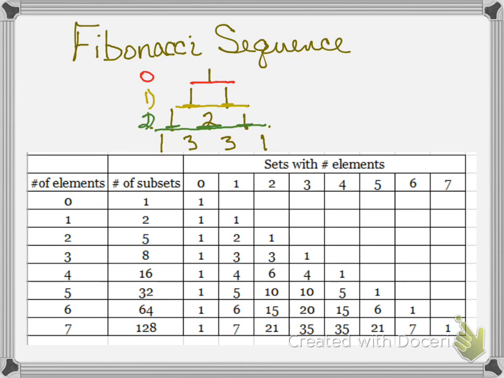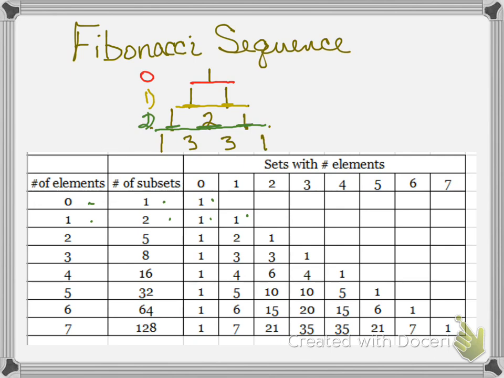So if you look at our table down here, we start to see that as we go up in our number of elements, our number of subsets starts to double each time. If I have 0 elements, I have 1 subset of just an empty set. If I have 1 element, I have 2 subsets, an empty set and a subset with 1 element.